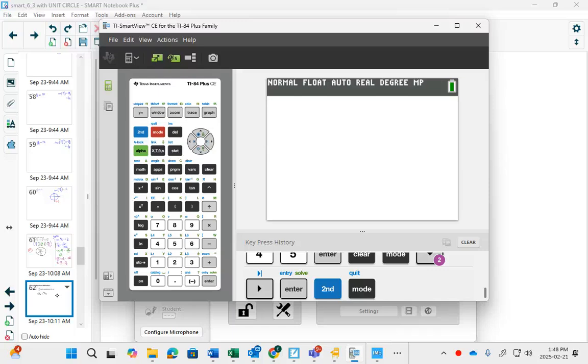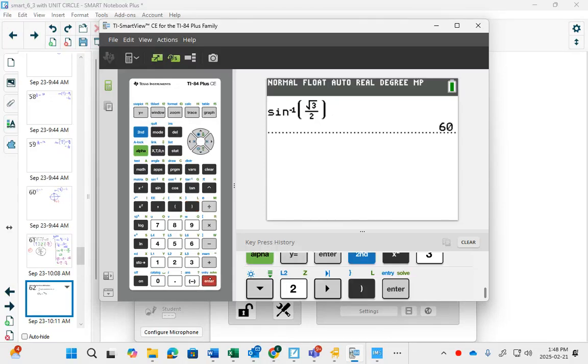You would have found your reference angle by doing sine inverse. And with reference angles, remember from grade 11, we always find a reference angle by putting in the positive ratio. So even though it's negative root 3 over 2, I'm going to write positive square root of 3 over 2.